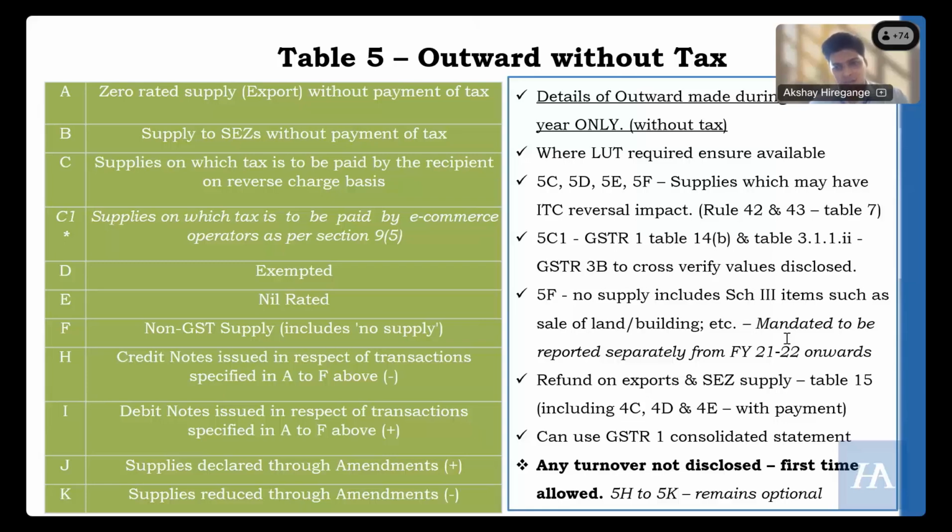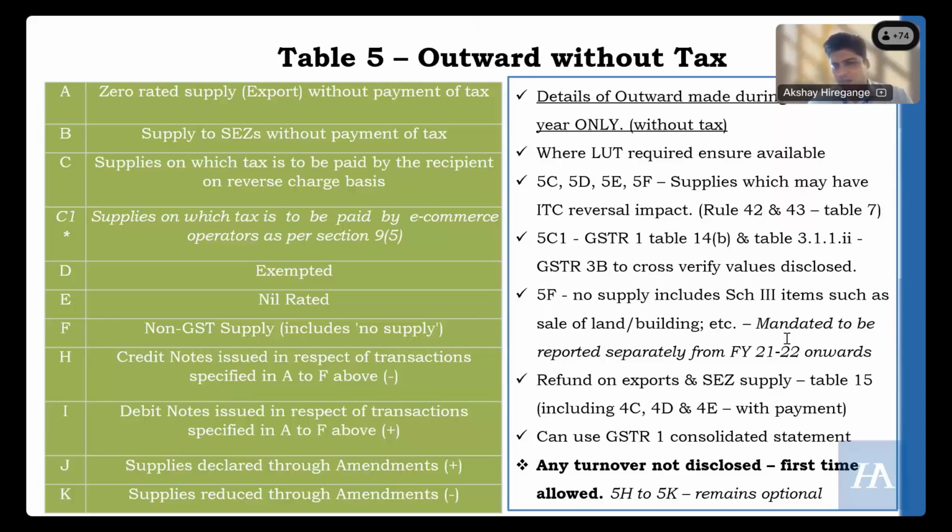To this extent, because we have already passed the time limit, credit would not be eligible. But assume that it is a transaction of 23-24 and the vendor is unregistered. In my view, you can take the benefit of circular 211, where it says that self-invoice can be raised now and credit can be claimed.